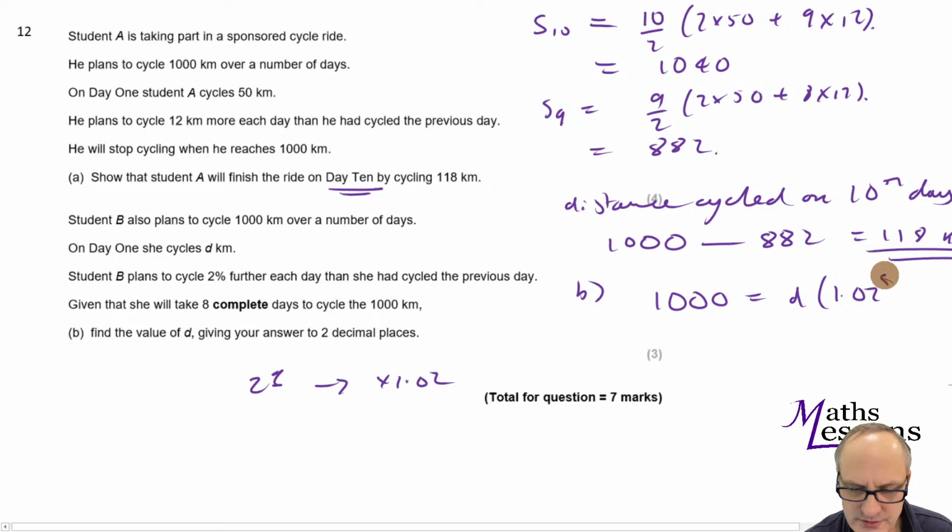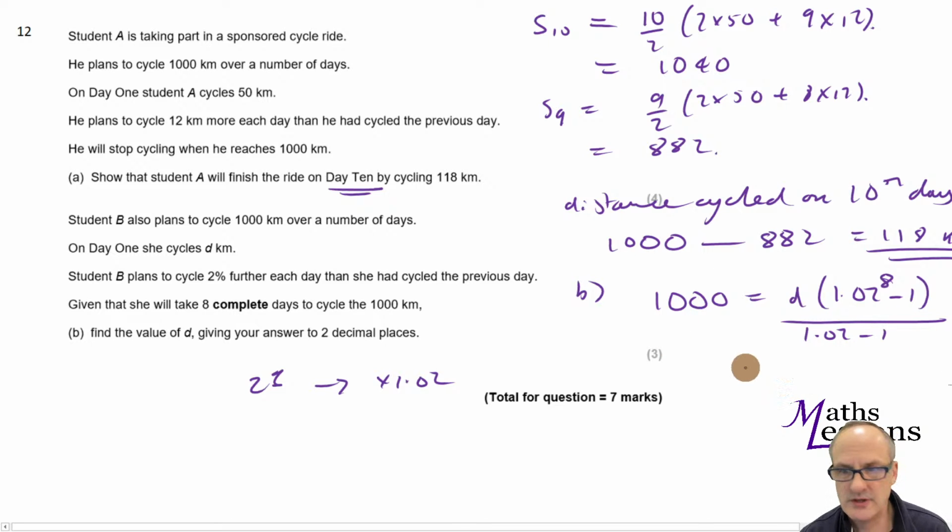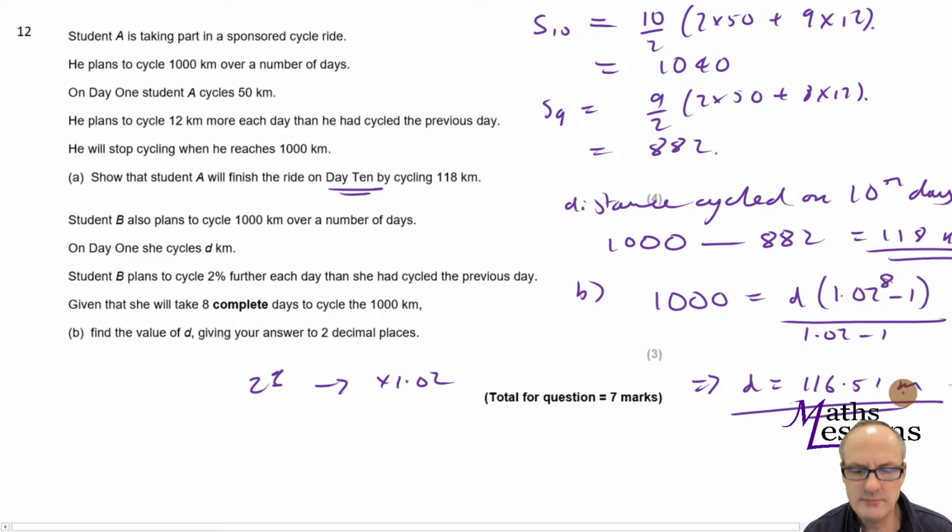So we get 1.02 to the 8 minus 1 over 1.02 minus 1, and we've got to equal all that to 1,000. So this will imply that d, when you divide 1,000 by this, you get 116.51 meters.